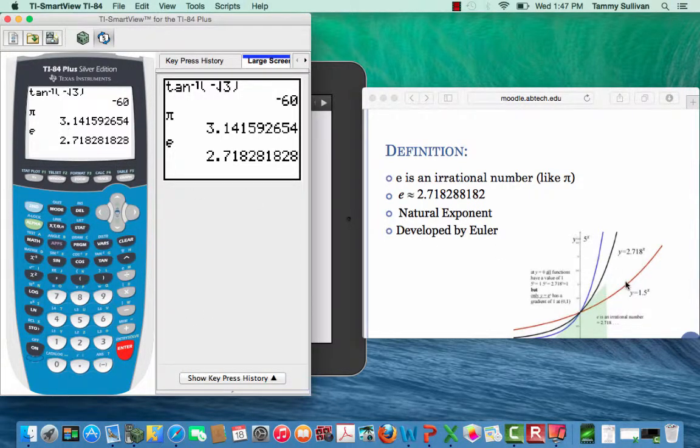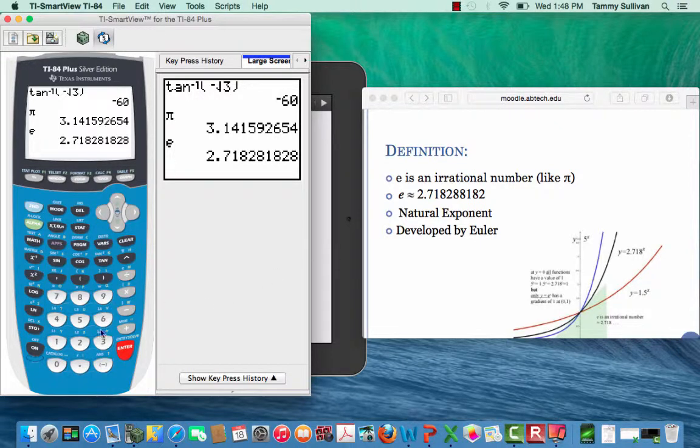And if you look at the graph here, I've got some exponential functions graphed. I've got the base of 1.5 to the x, the base of e to the x, and base of 5 to the x, and so you can see the different examples. So you can use e for any, and they call it a natural exponent, and it can be a base, it can be any number.